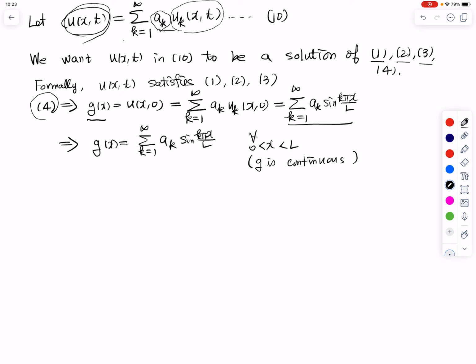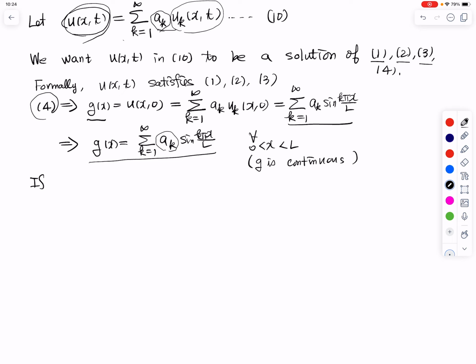And then when you look at here, first you need to find a_k so that this is true. So what is a_k? That's why we studied the Fourier series. Okay, this is actually the Fourier sine series of g.